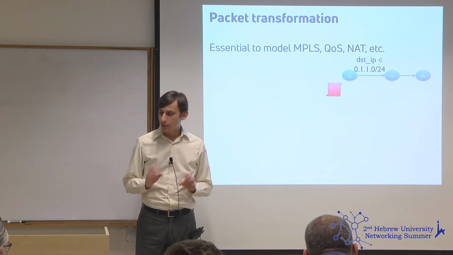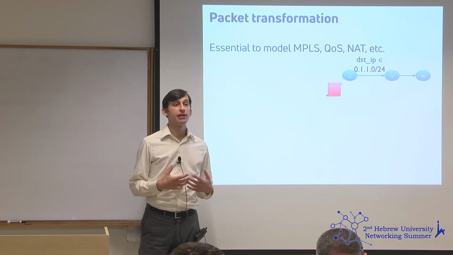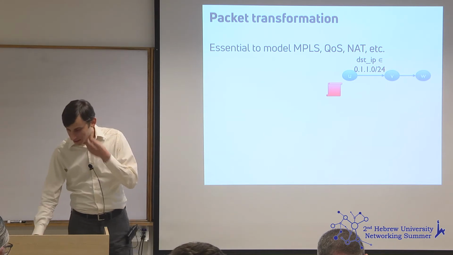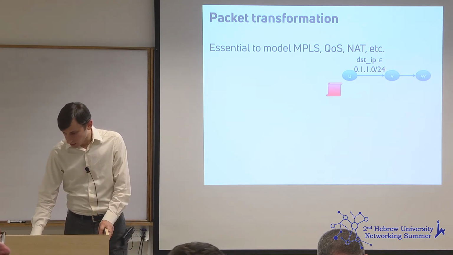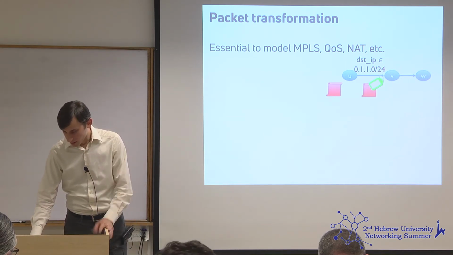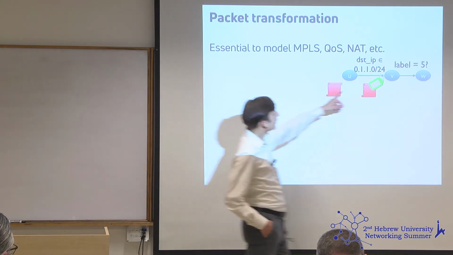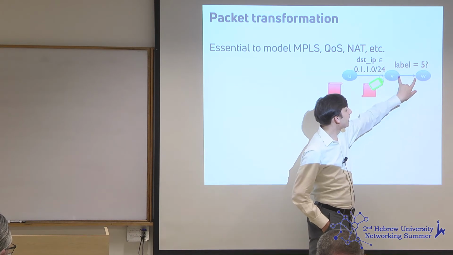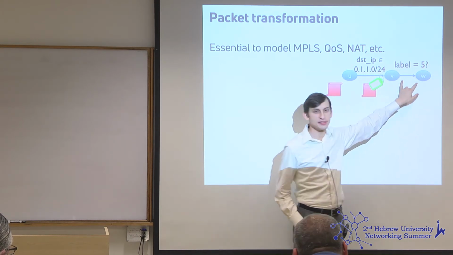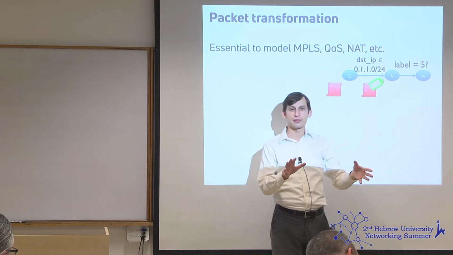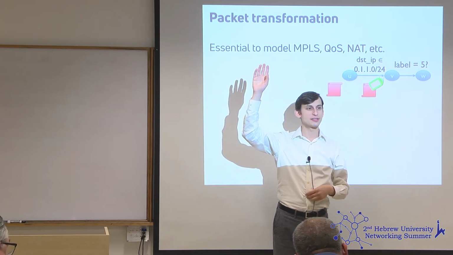Okay, so the way that we dealt with packet transformation in Anteater was to say, let's take this example of tagging the packet. It's going to now transit this edge if, let's say, the MPLS label is 5. How many of you know what MPLS is?